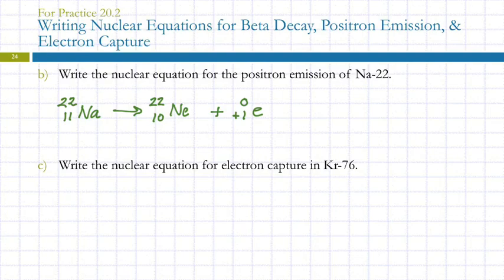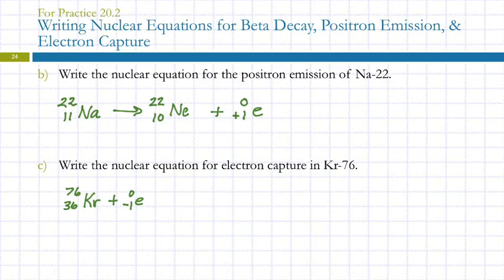Okay, electron capture in krypton 76. So krypton 76, we need the atomic number, 36. Electron capture. So we're adding an electron. So the electron has 0 mass, and it's -1.